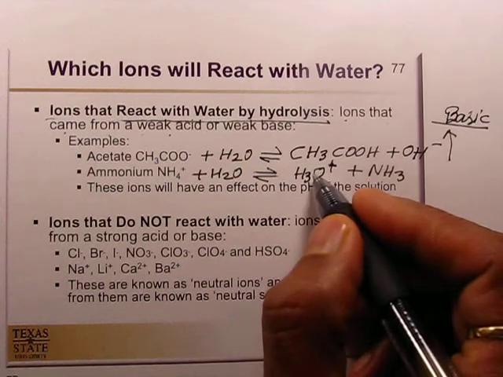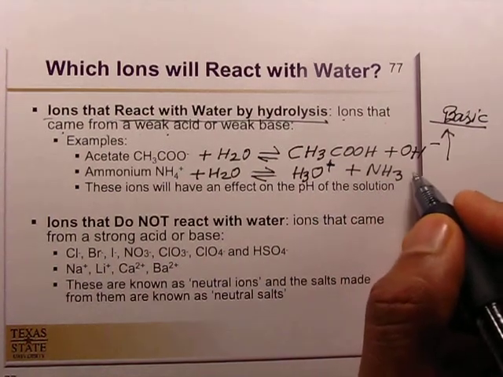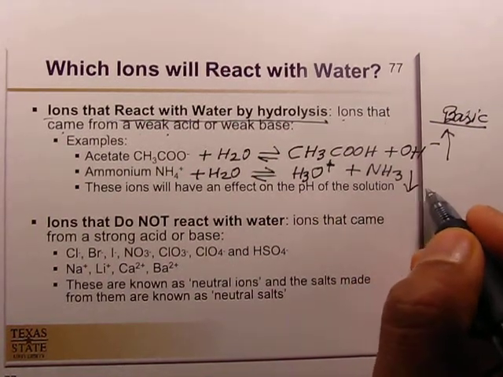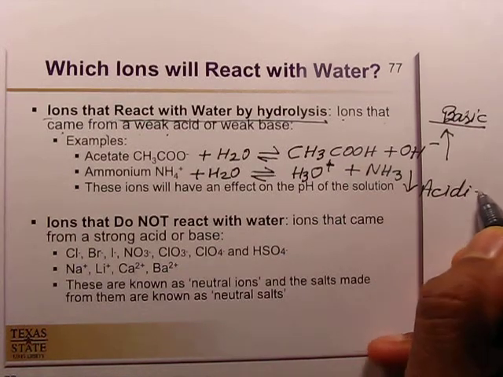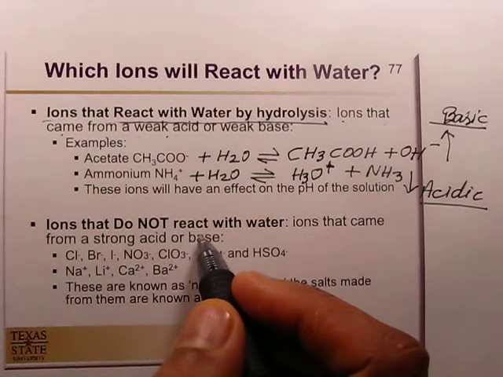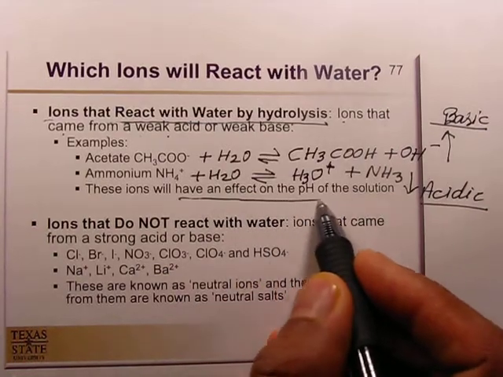Here you can see the hydronium ion means hydrogen ion concentration increases, that is why the pH will decrease and the resulting solution will be acidic. So this is the way salt changes the pH. These ions have an effect on the pH of the solution.